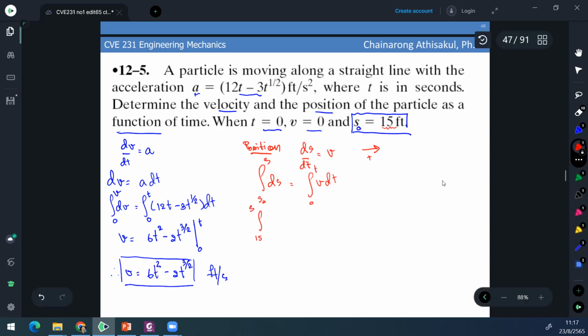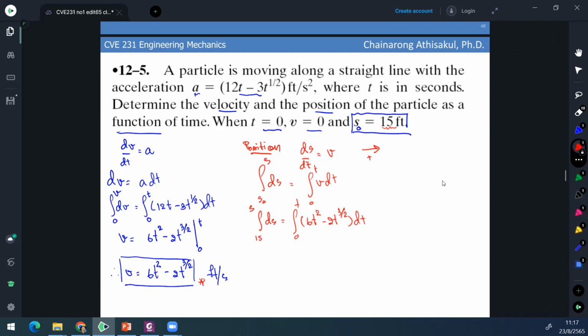For the velocity, we use this equation that we already derived, 6t squared minus 2t power 3 over 2 dt.